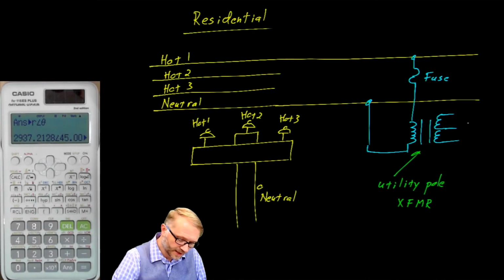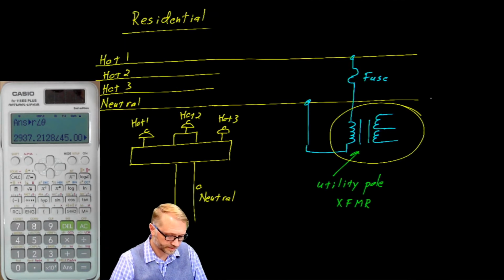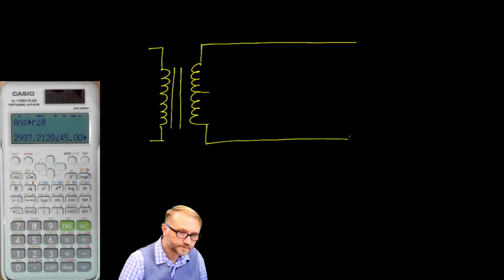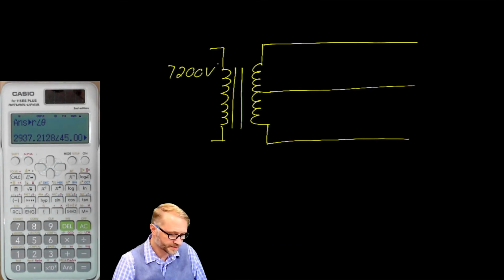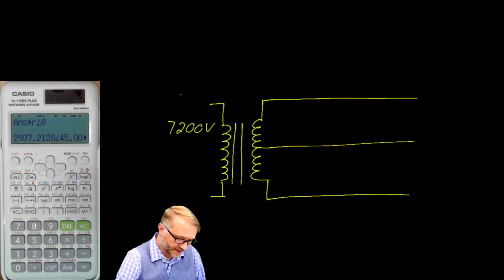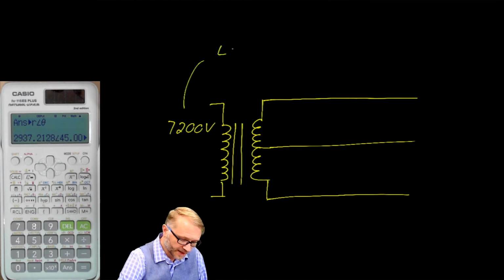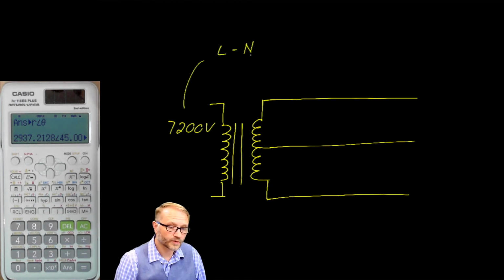What we're going to do now is focus in on this piece right here. On the primary side of the transformer, you typically find 7200 volts. And know that that is a line-to-neutral voltage.